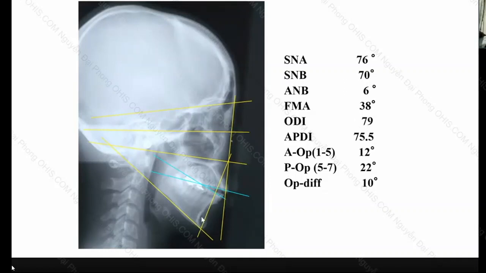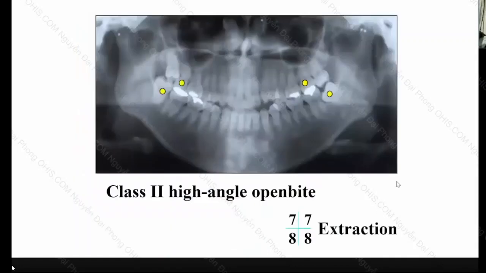Anyway, class 2 open bite. In this case, sometimes I select lower third molar, always lower third molar extraction, but for the upper, the condition of the 7 was not good, therefore 7 extraction, then we decided that this 8 should be used instead of 7.